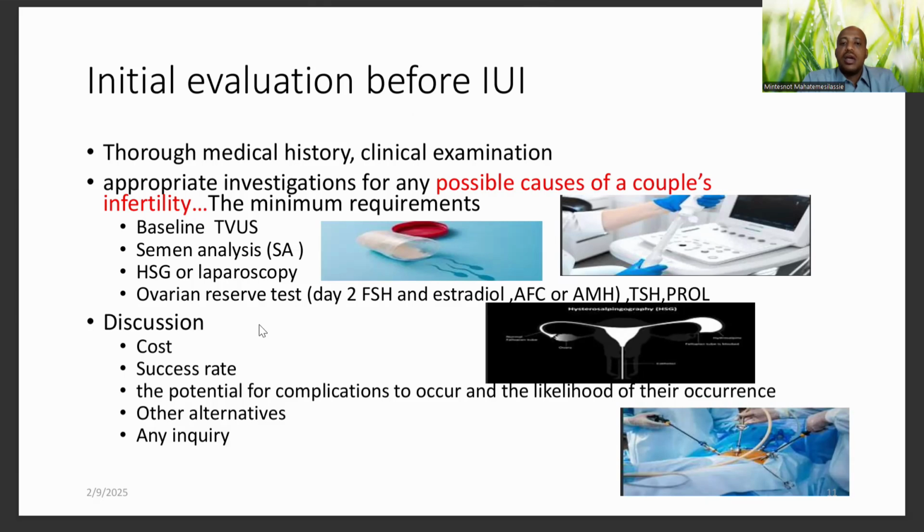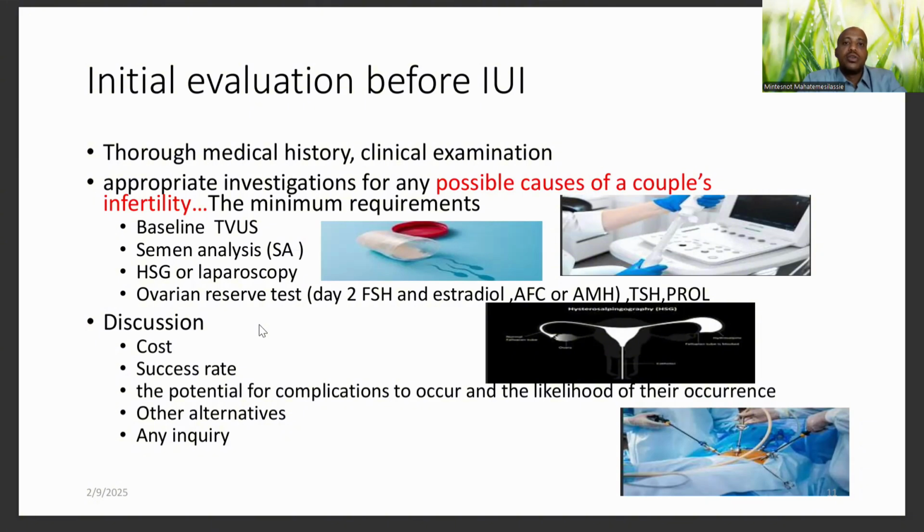FSH and estradiol are late signs. Once there is raised FSH and estradiol, it means the ovarian reserve is already depleted. The other hormonal tests that should be done for every infertile couple are TSH and prolactin.